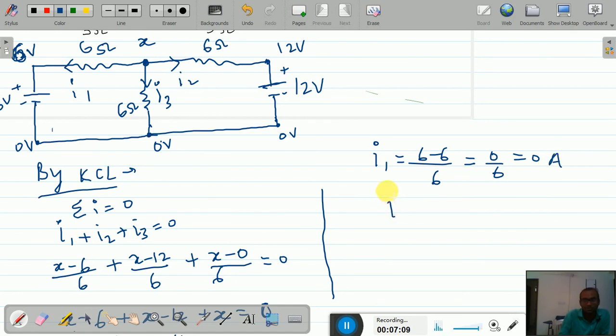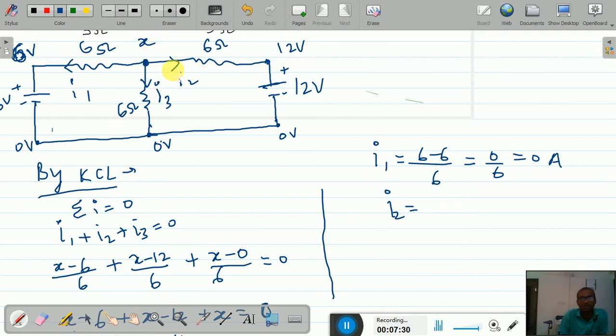What will be the value of I2? Okay, so this is 6 volt and this is 12 volt. The current will always flow from higher potential to lower potential. Current will flow in this direction, right? But we have considered this direction. If we consider this direction, then the current will become negative.